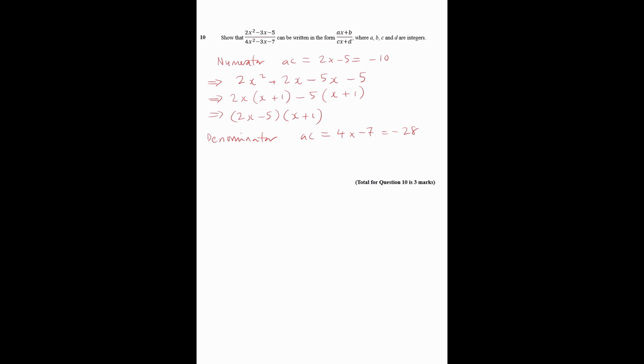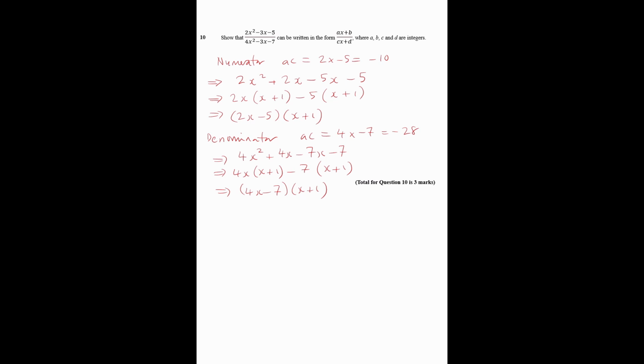So we get 4x squared plus 4x minus 7x minus 7, 4x times x plus 1 minus 7 times x plus 1, which gives us 4x minus 7 times x plus 1.